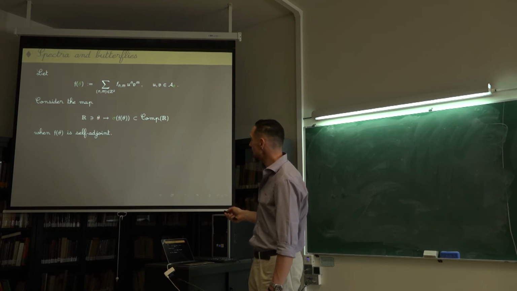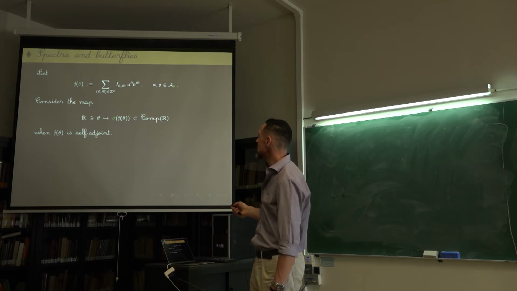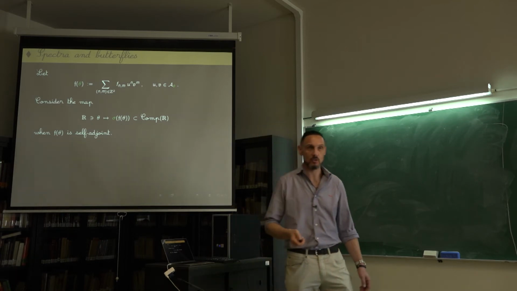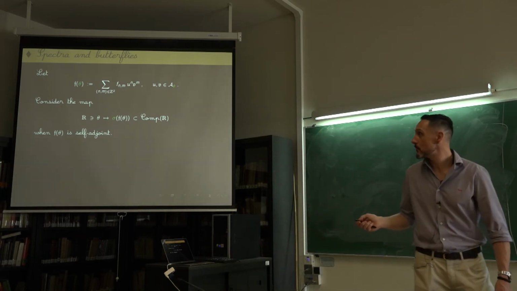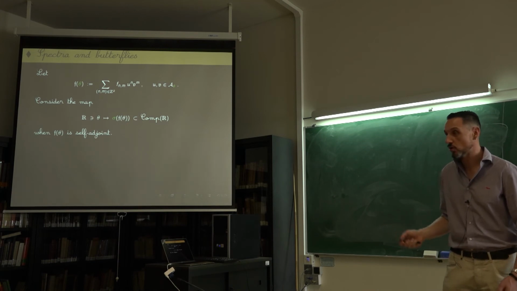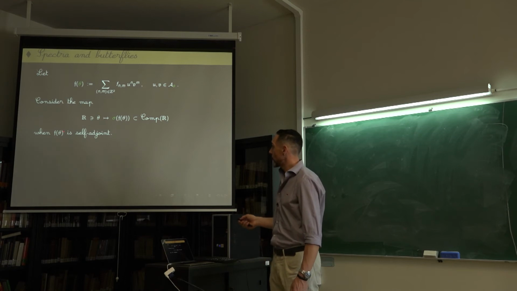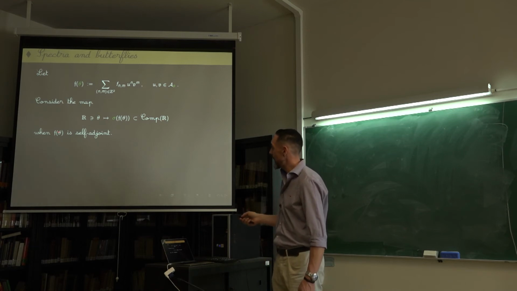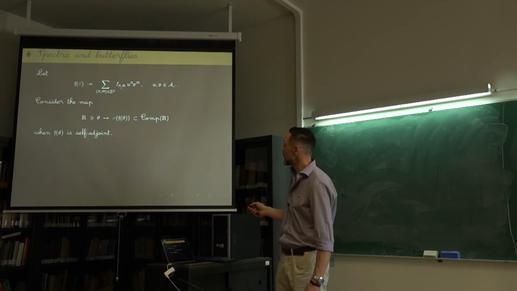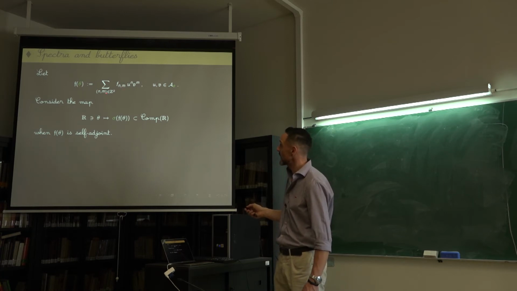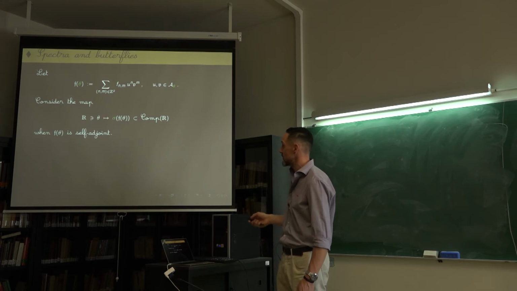Then to theta, I can compute the spectrum of f theta. This is inside a compact set of R. Then this map is well defined because I have the notion of spectrum on my algebra. Of course, the reality here is implied by the fact that f is self-adjoint. Then if these coefficients are such that this expression is self-adjoint, I have this map.